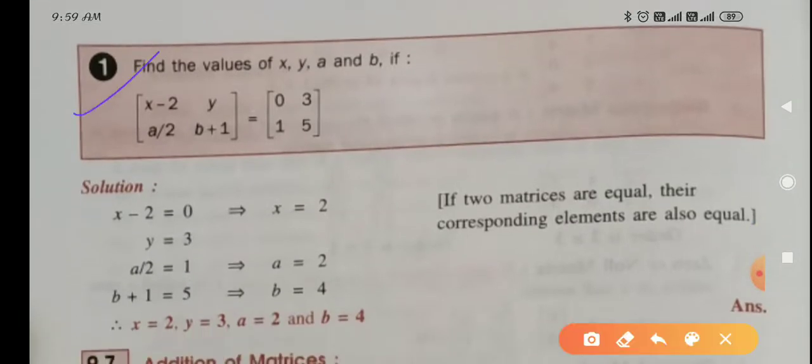You see the first example. Find the values of x, y, a and b if these two matrices are equal. Equality of matrices: when will two matrices be equal? When two matrices are equal, their order must be the same. Two matrices may be equal if they are of the same order and their corresponding elements are the same, meaning the first element matches the first element.